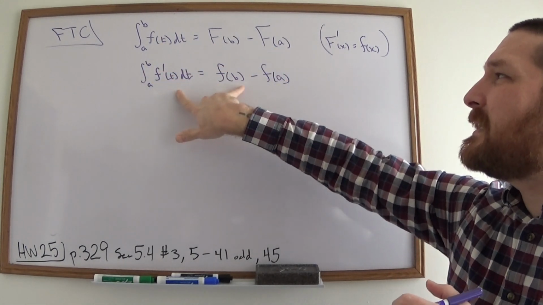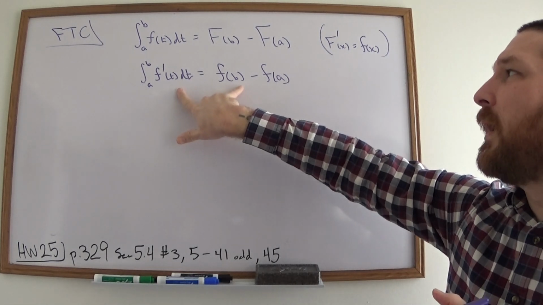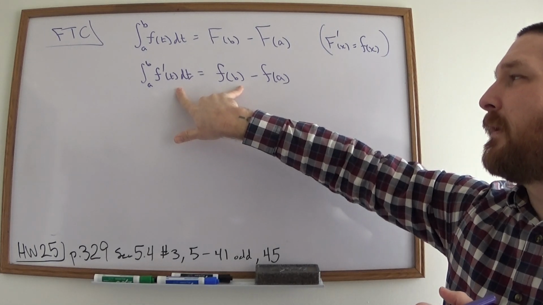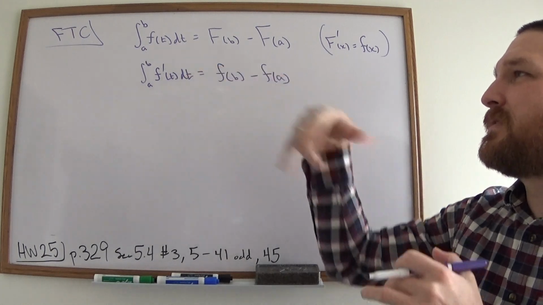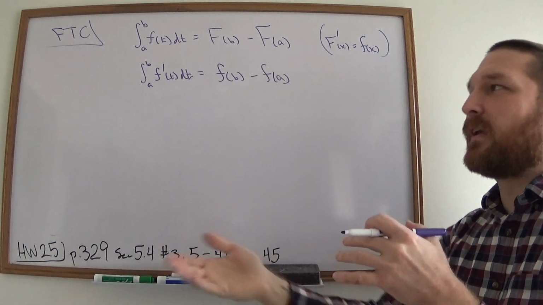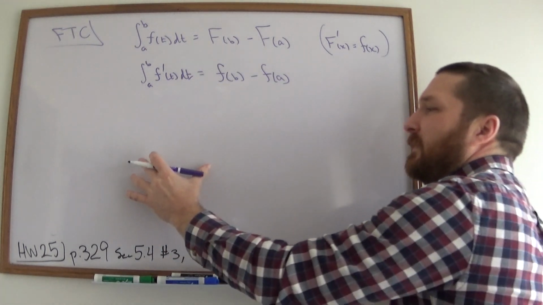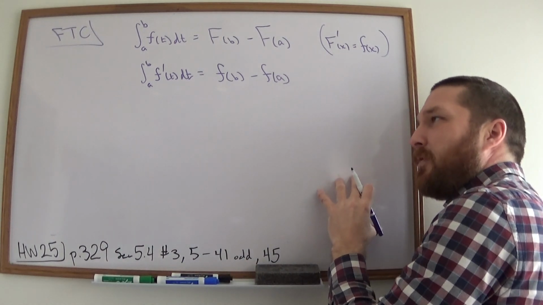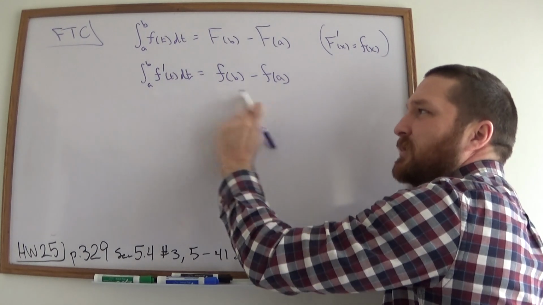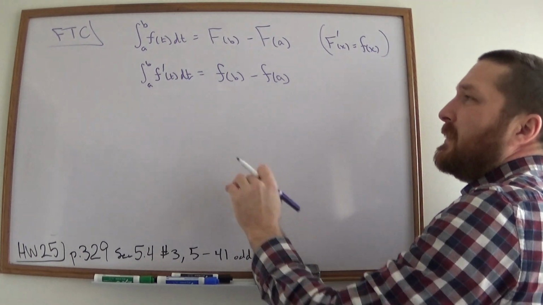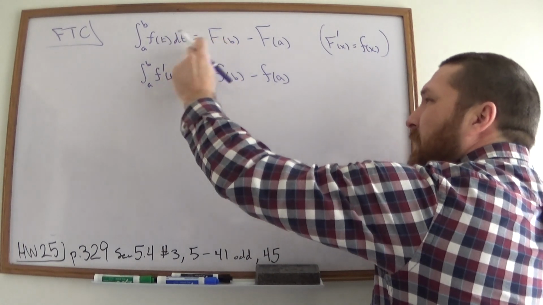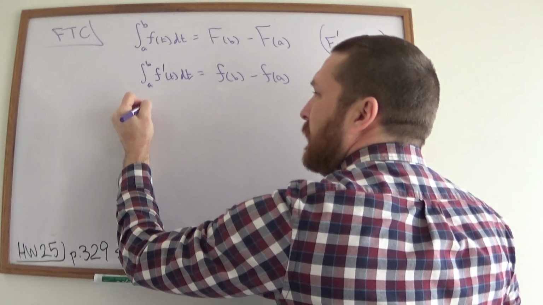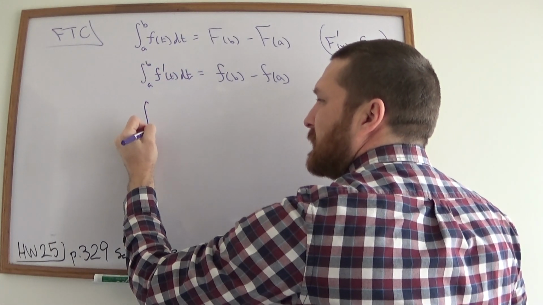This is how we stumbled upon this by looking at our work, when we had the f and the f prime, and we started messing with f prime and found this relationship. We changed it up a little bit to make it more general. But let's now write it this way.